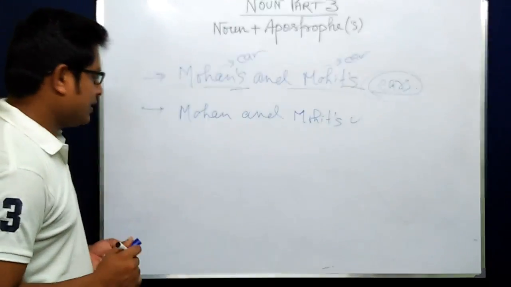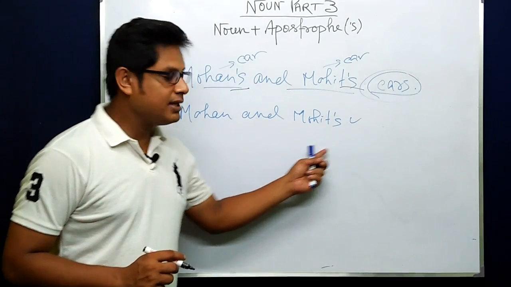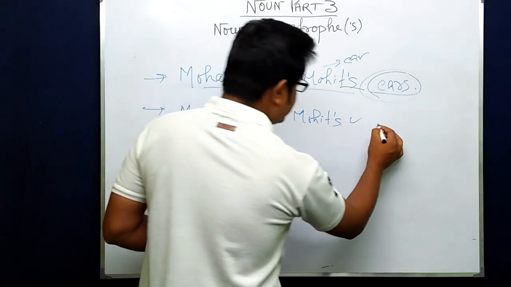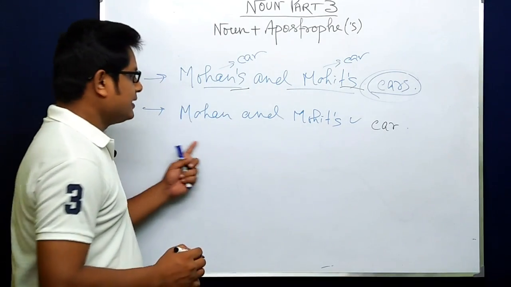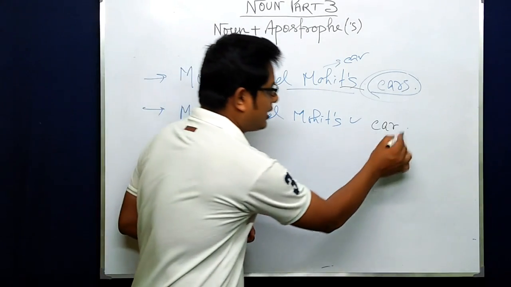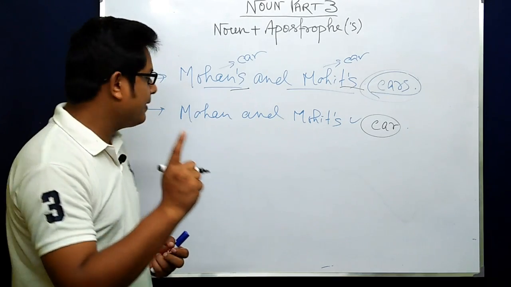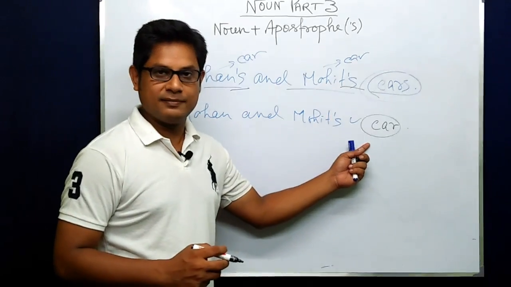Clear? But over here, Mohan and Mohit's, what does it mean? It means there is a common noun. That means if I say car, they both have a car together, only one single car, and Mohan and Mohit are both owners of that particular car, right?